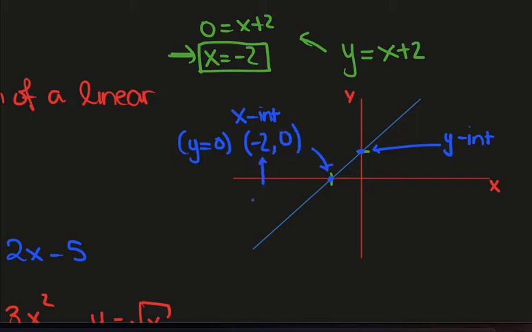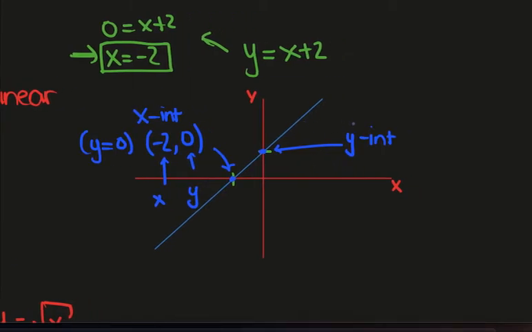The minus 2 gives us the information for the x value, while the second coordinate tells us the y value. Okay, so for the y-intercept, we have a similar thing. We set x equal to 0, and if we do that, it's very easy to see that we just get y equals 2. So the coordinates here will be 0, 2.